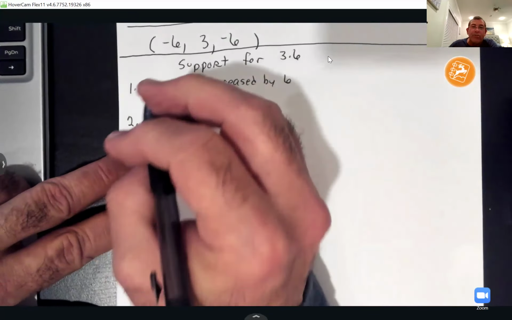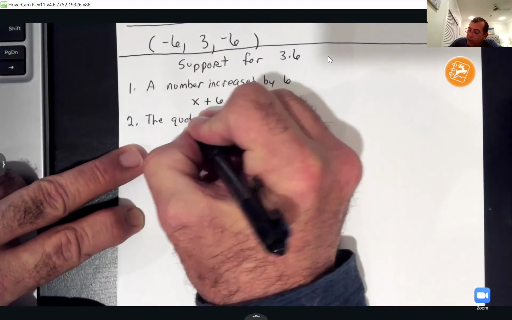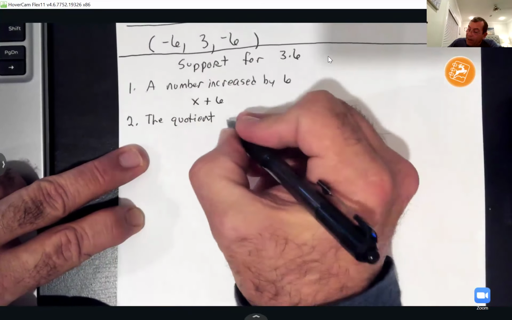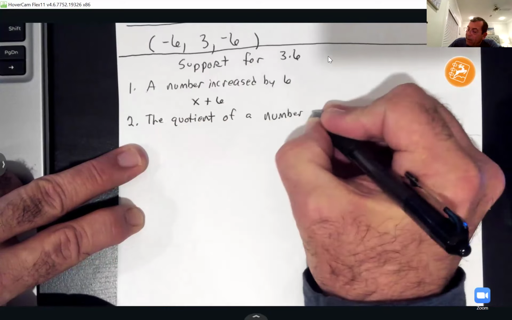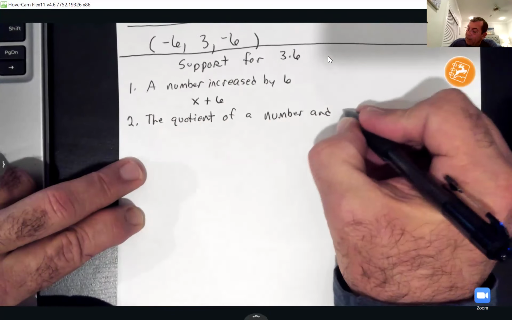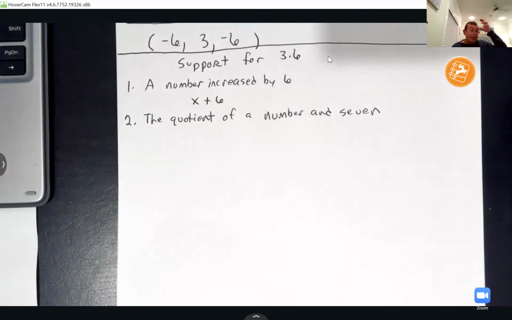So how about 2? Let's try something like this. The quotient of a number and 7. So what does quotient mean you're doing?